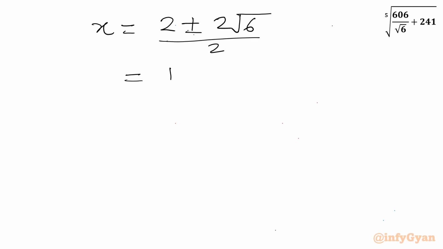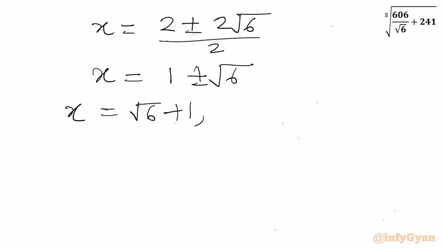Or I can write 1 plus minus root 6. So we have finally two values of x. Let me write here root 6 plus 1 and 1 minus root 6.